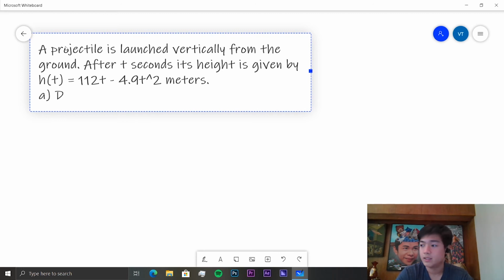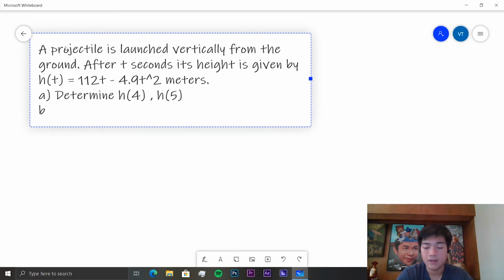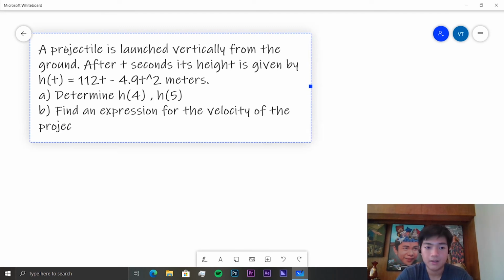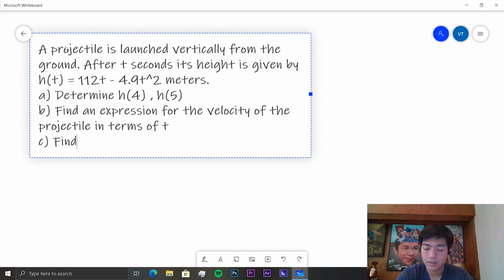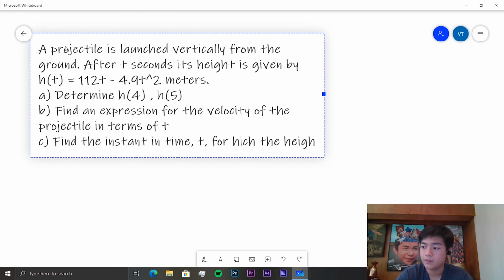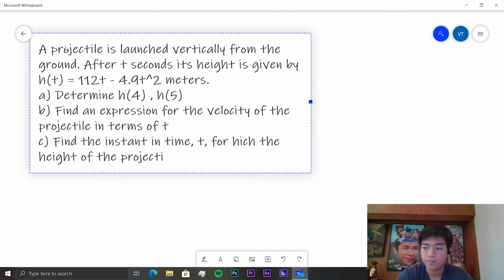So first, determine the height at t equals 4 and the height at t equals 5. Find an expression for the velocity of the projectile in terms of t. Find the instant in time t for which the height of the projectile reaches a maximum.